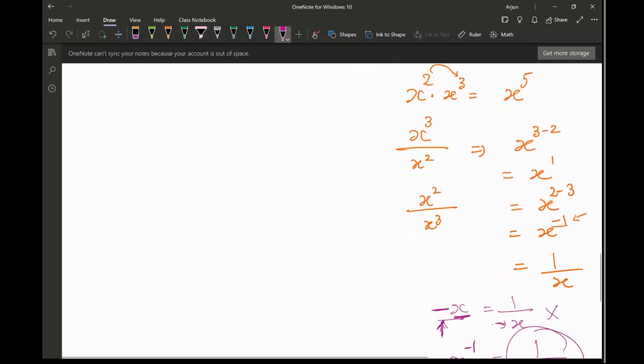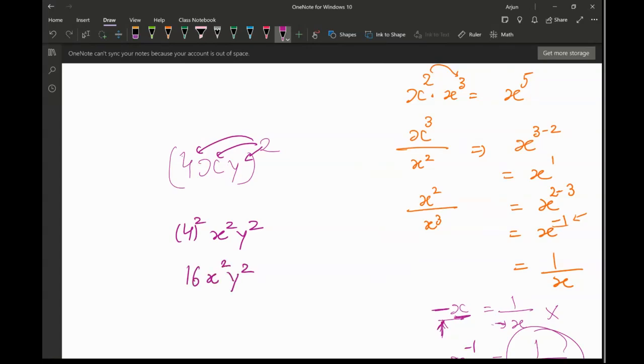All right, and then if you have something like 4xy squared outside, this square will get distributed to all the terms. So 4 squared and x squared and y squared, this will be 16x squared y squared.